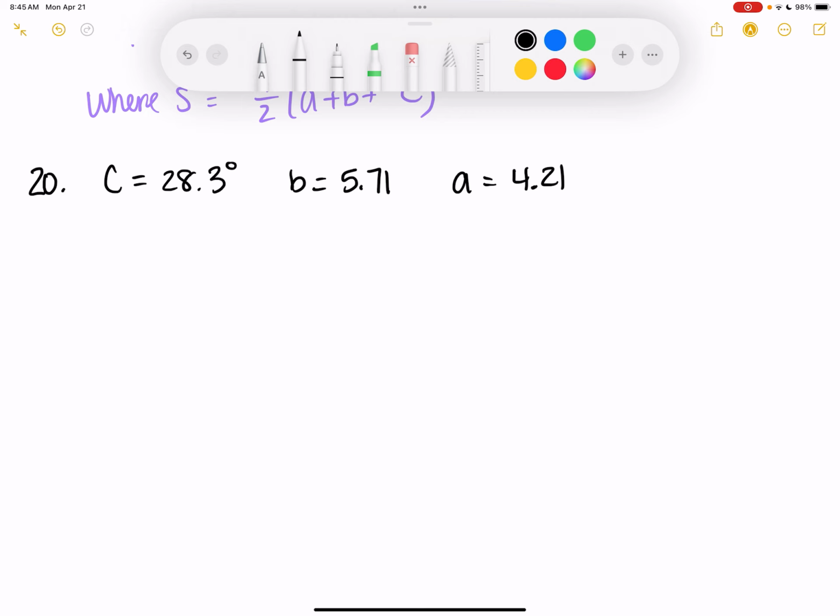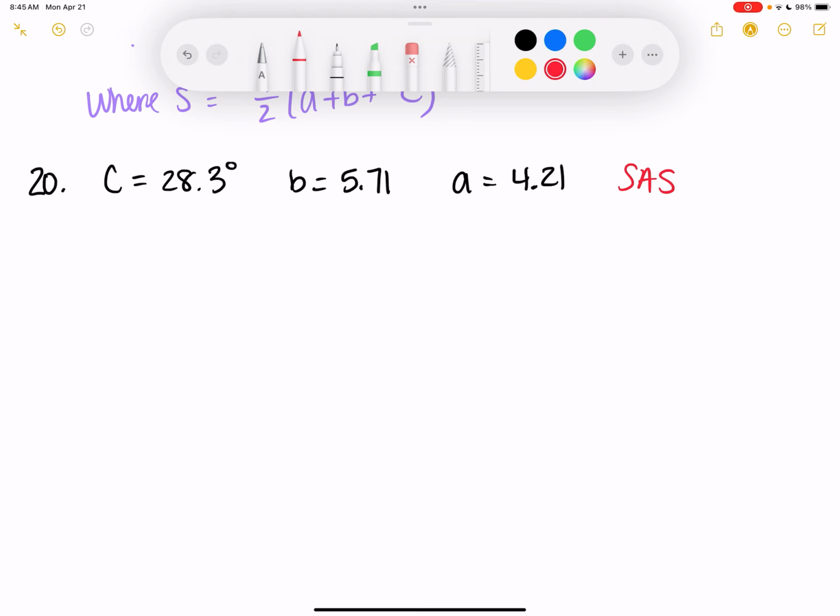So in this case, I have two side lengths and an angle that doesn't go with either of them. So that has to be side angle side. So this has to be the side angle side case, which automatically tells me that I am using the law of cosines. Okay. Also, if you're given all three sides, the only option is law of cosines. And so those are going to be your distinguishing features of these things.